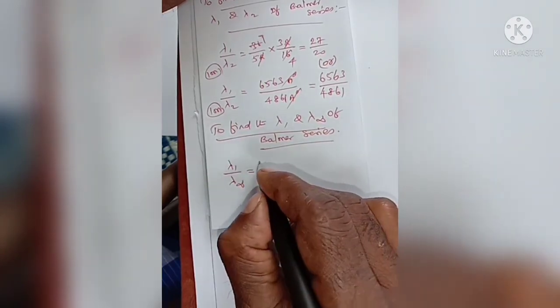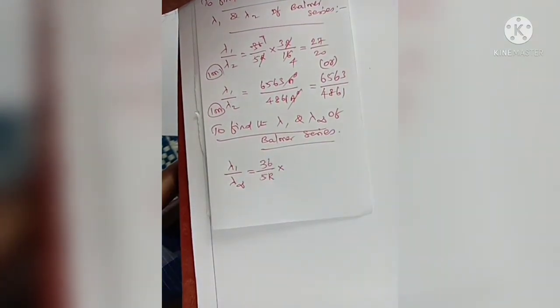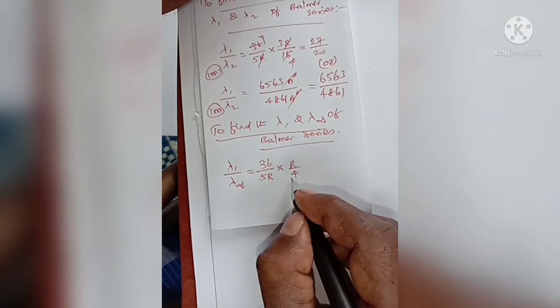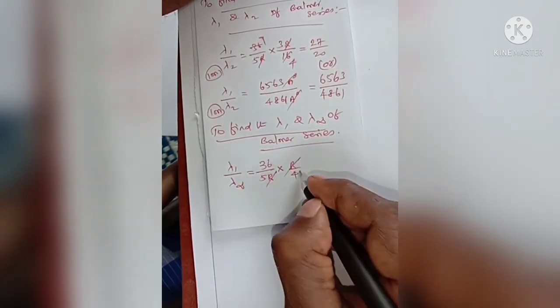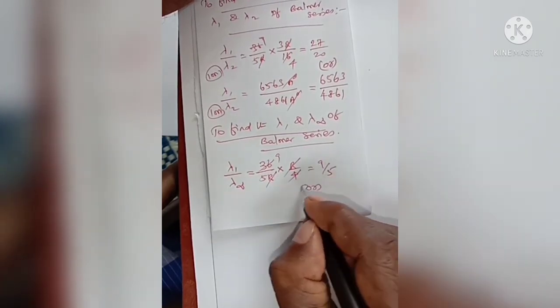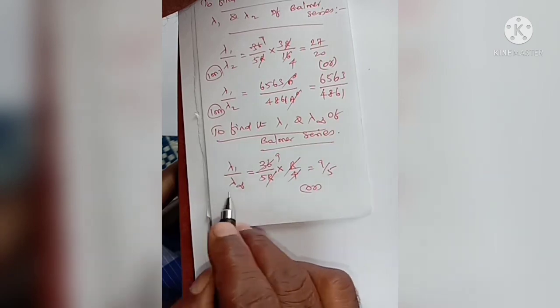This is also very important, one more question. The ratio lambda 1 divided by the series limit: the first line of Balmer series is 36 divided by 5R, into R by 4. The 4 by R, take the reciprocal, the R cancels, and 4 and 9 times, so 9 by 5. So another answer is possible.